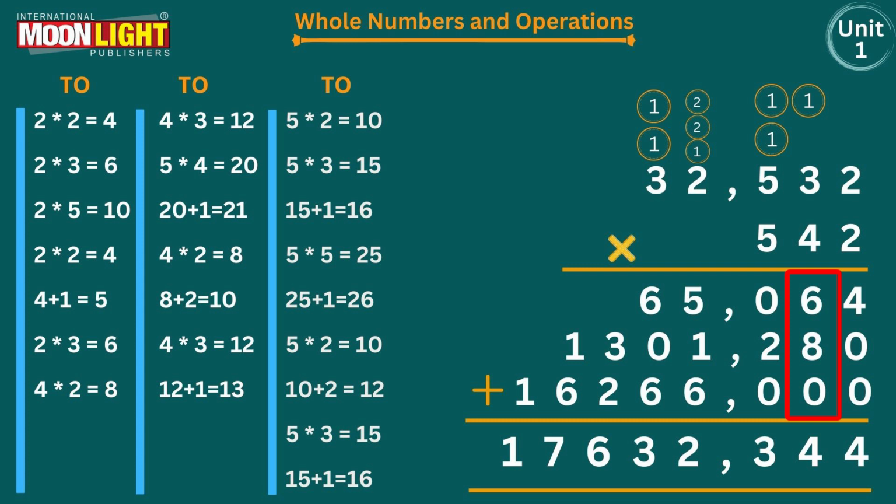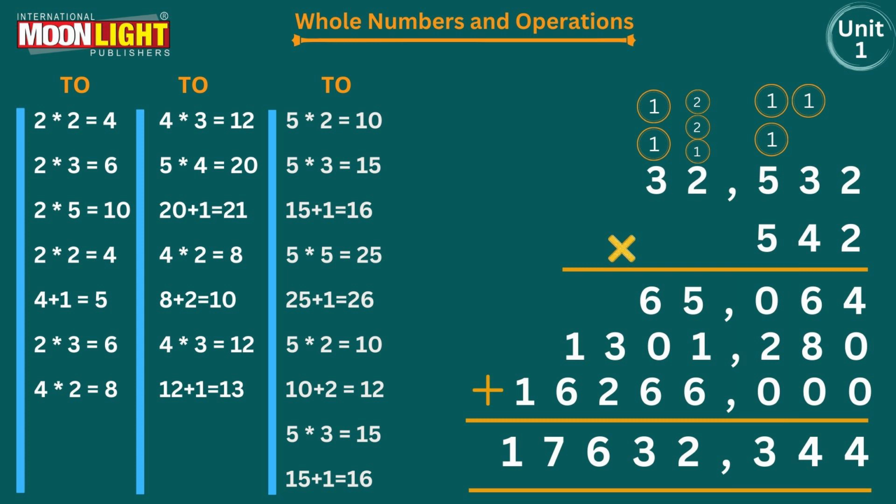So 14, for 14 I will write the number 4 here, and 1 will be carried on the number 0. Now, do not forget to add this number 2 plus 1, or you can say that 1 plus 0 is 1, plus 2 is 3, plus 0 is 3. So I will write the number 3 over here.